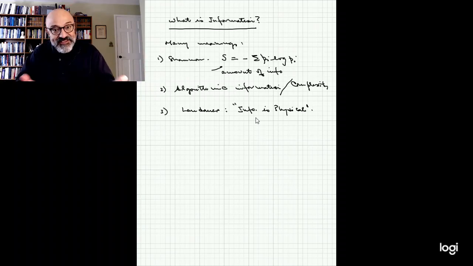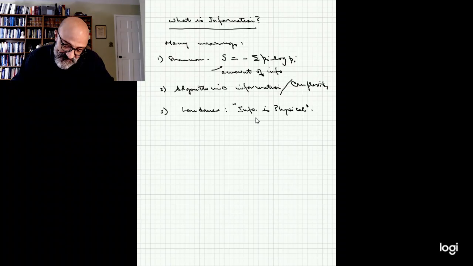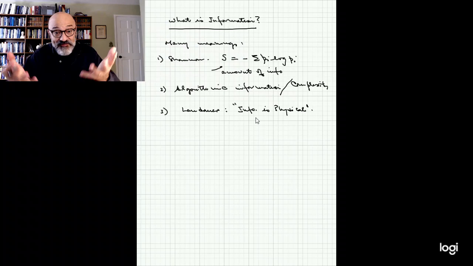When you receive a system, you're essentially receiving a message about what the microstate of this system happens to be. Anyway, that's one way you can proceed here.